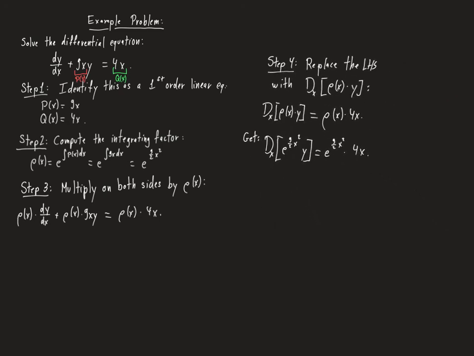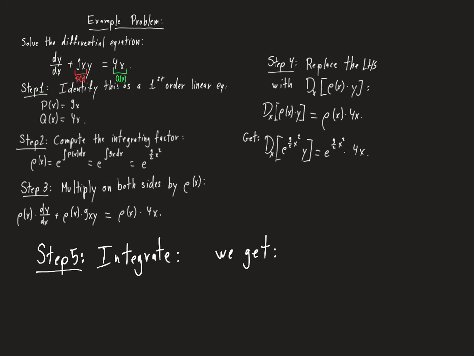Okay. So now that we've done all this, we can proceed to step 5. Integrate on both sides with respect to x. We're going to get the following.